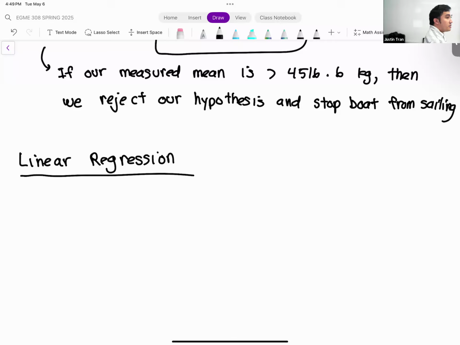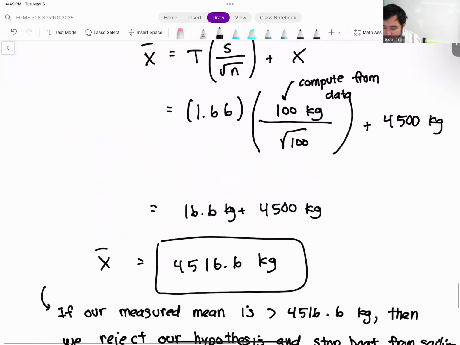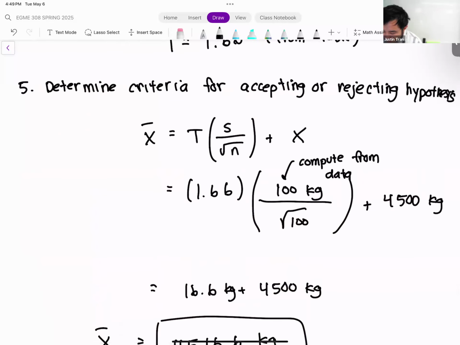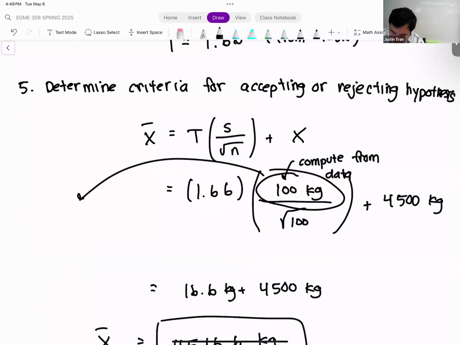Questions? How about unknown variance? Oh, so if the variance is unknown, then for this part of the equation right here, you're going to compute the variance from the data itself.